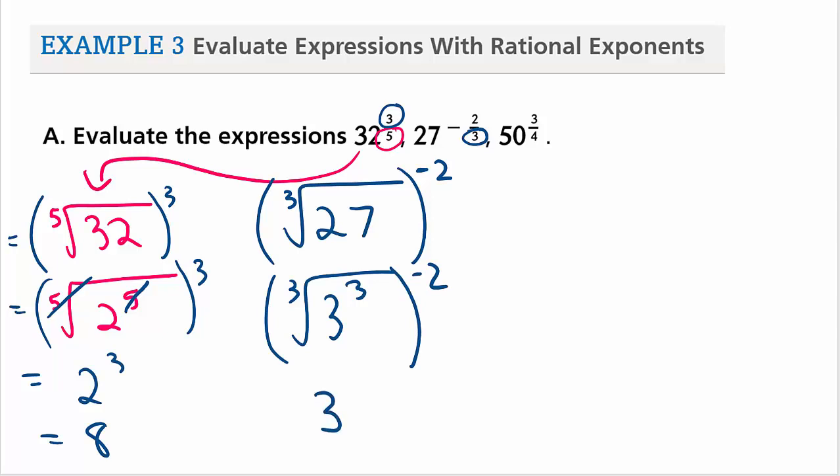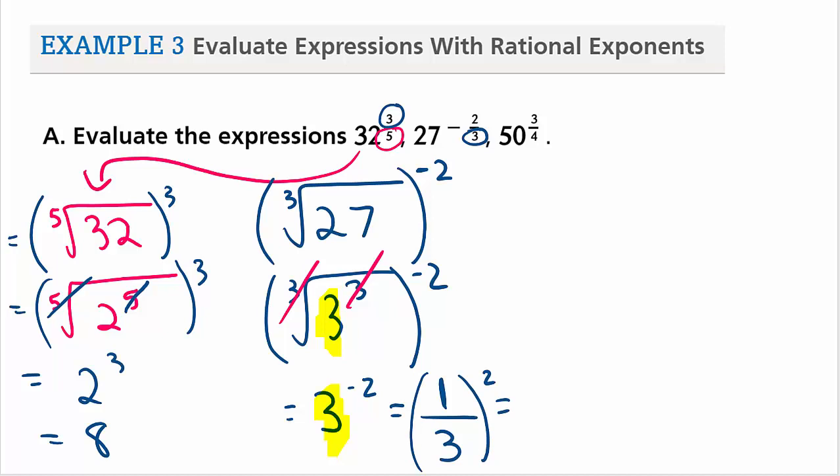We end up getting 3 because the 3rd root and the power of 3 cancel. We're left with just the 3 underneath, which is raised to the negative 2. A negative exponent means that we take the reciprocal. So 3 becomes 1/3, and then it's raised to the positive 2. So this ends up being 1 over 9.